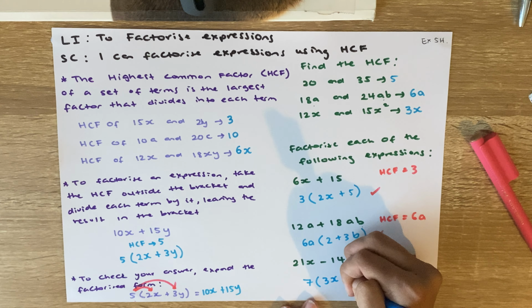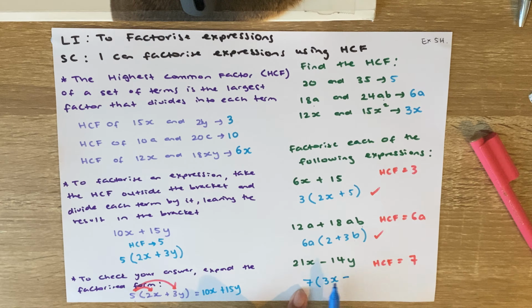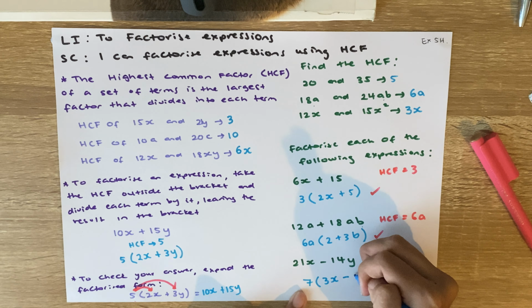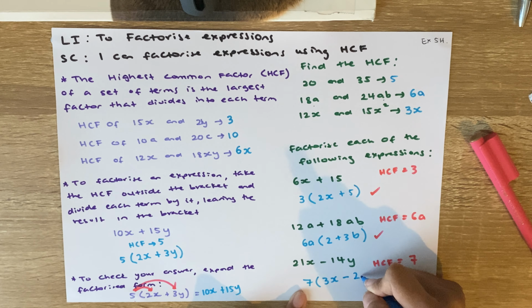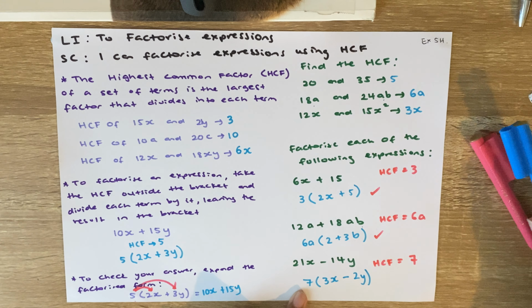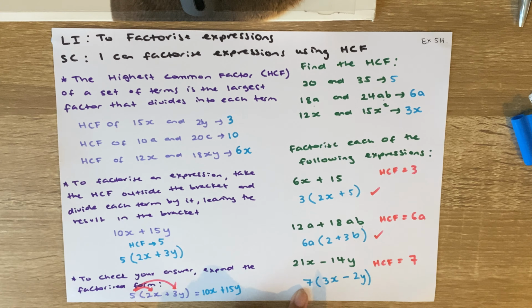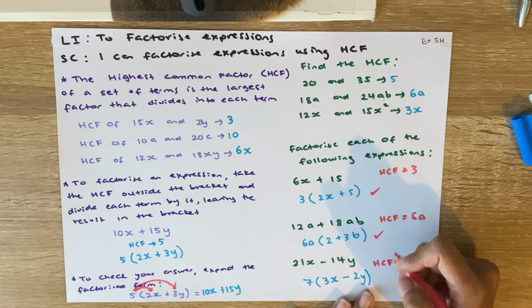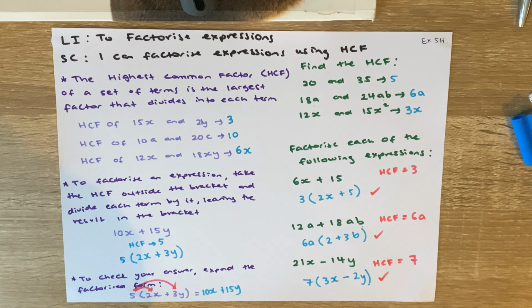This is a takeaway sign, so I'm going to take away 7 into 14. 7 goes into 14 twice, so I write 2, and there's a y there, so we include the y. And we are done. Let's check our answer. 7 times 3x: 7 times 3 is 21, and there's an x. Take away 7 times 2y is 14y, which we have. So I know that I am correct.